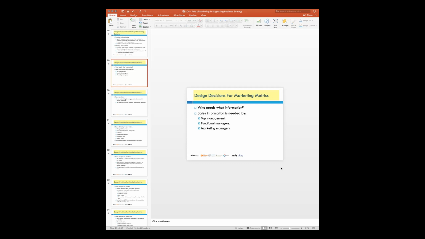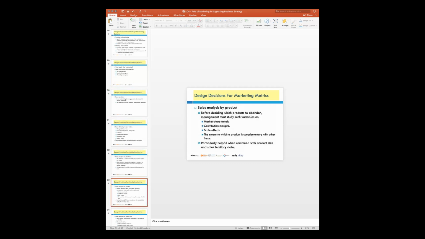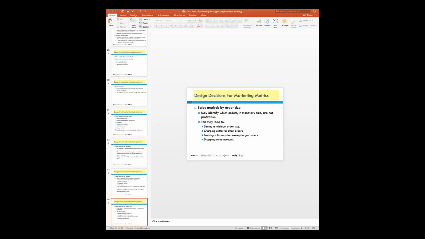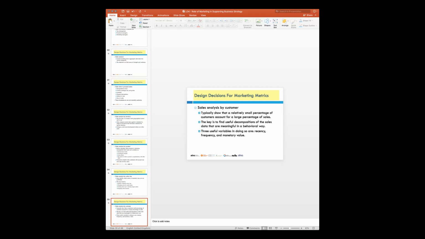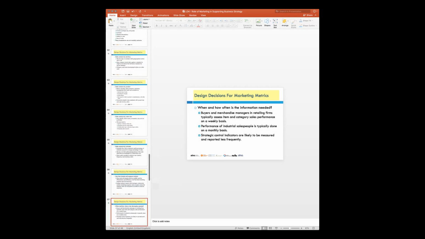Functional managers would be more interested towards their own product categories, and marketing managers would be interested towards understanding the metrics, the data, the type of customers, where they had a good increase, or where they gained market share in terms of those categories. And these are things which are subsequently explained in some of the slides in terms of how data is grouped and what type of data is identified and how it is analyzed by various different functional managers within the organization.